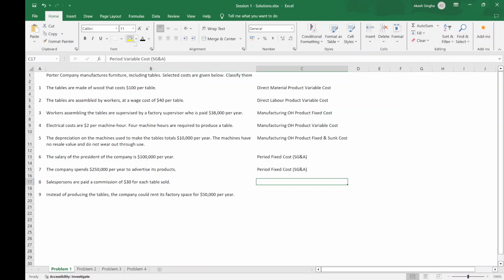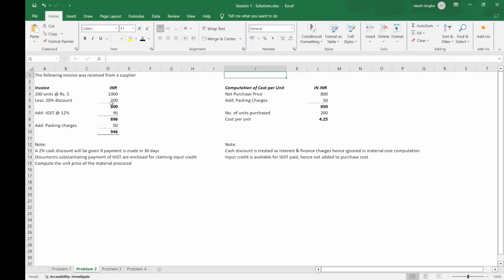Okay, it's period. I'm not sure why it is period because it's variable, but whatever. Step production, this is opportunity cost right here.